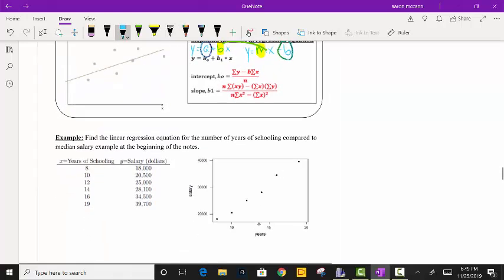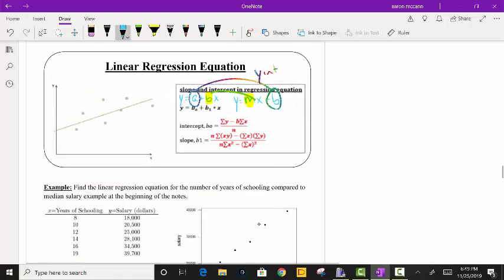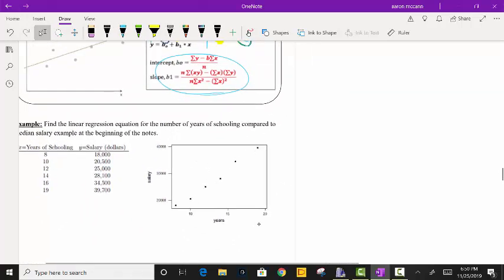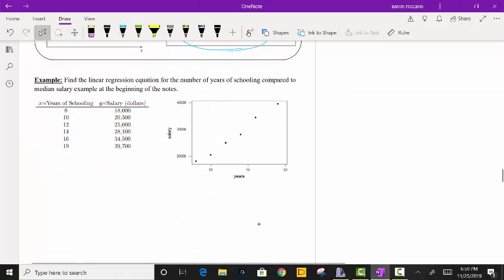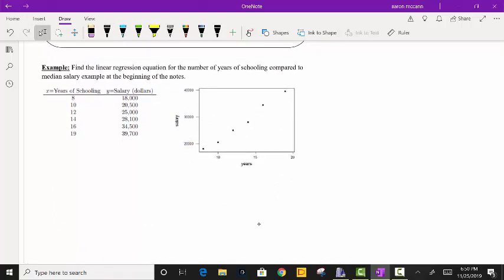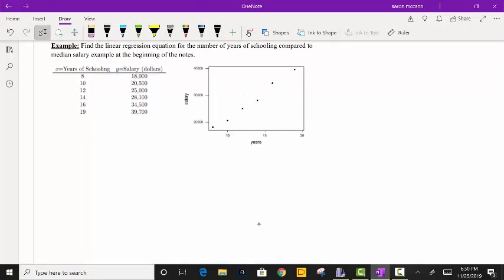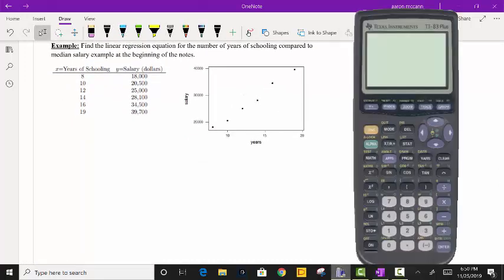Okay, so we're not going to run through all the crazy formula for this. We're just going to let the calculator do all the arithmetic for us. So it says find the linear regression equation for the number of years of schooling compared to the median salary example that was at the beginning of the notes. And I've already punched this information into the calculator.